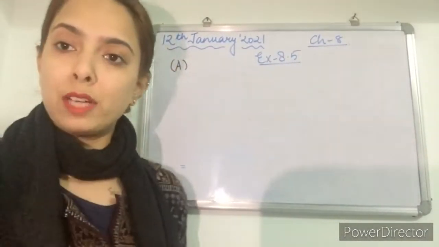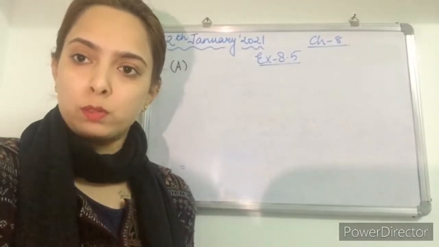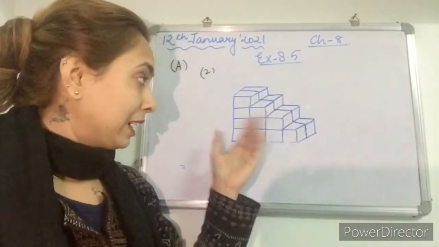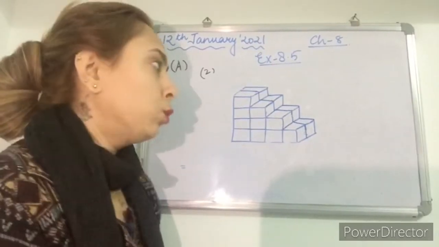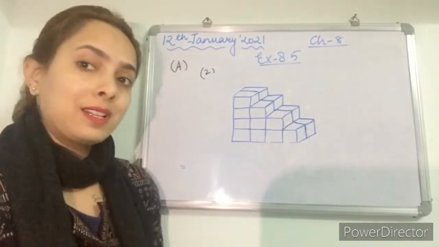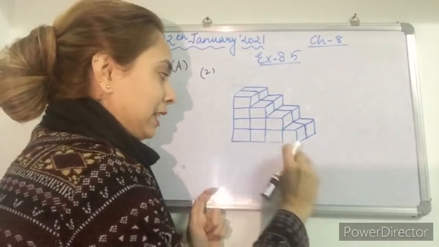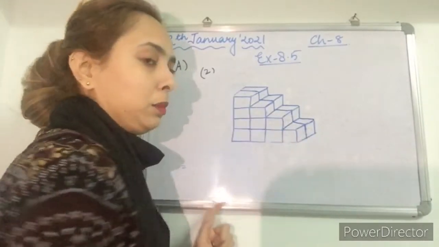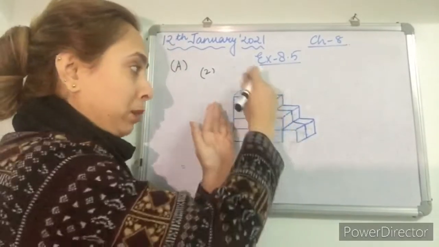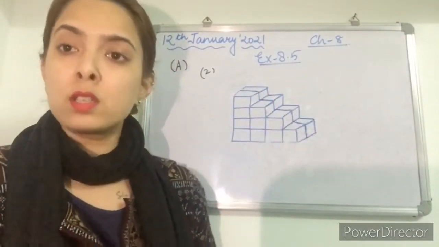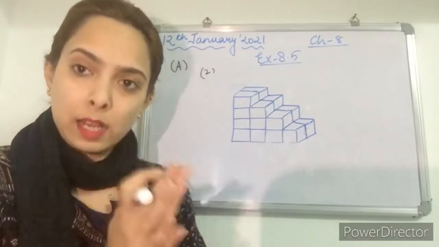In such questions, we cannot say that this is the length, this is the height or this is the breadth, because the placement of cubes is not equally done.